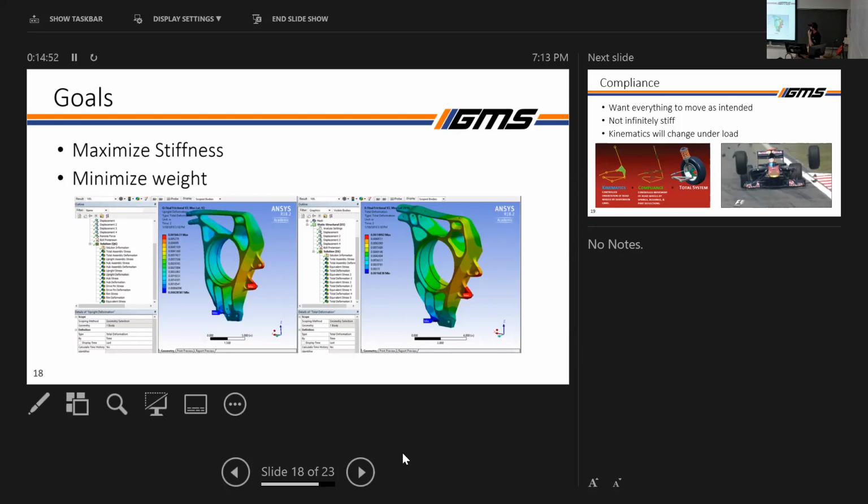To do this, we will do some basic hand calculations initially, based on some mechanics and materials concepts. And then we utilize FEA software, which is finite element analysis. We use ANSYS. ANSYS allows us to analyze the stresses and strains seen in our parts to ensure they're not going to fail under the load cases that we see on the car.